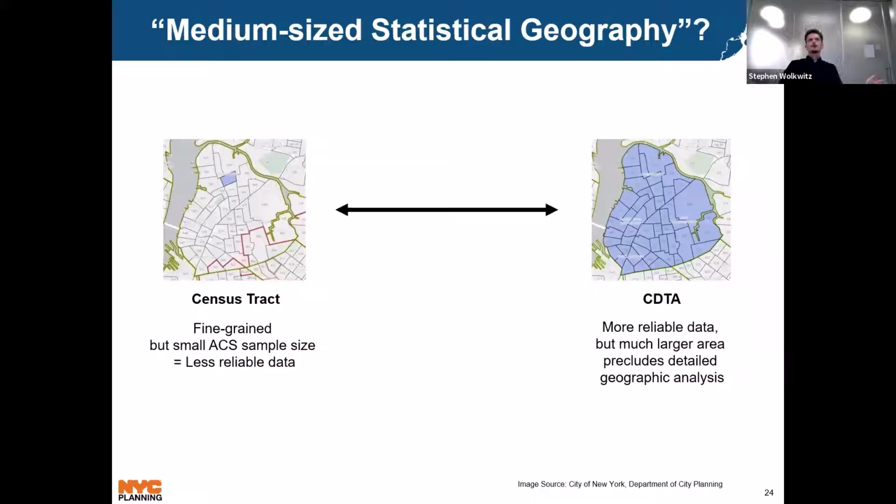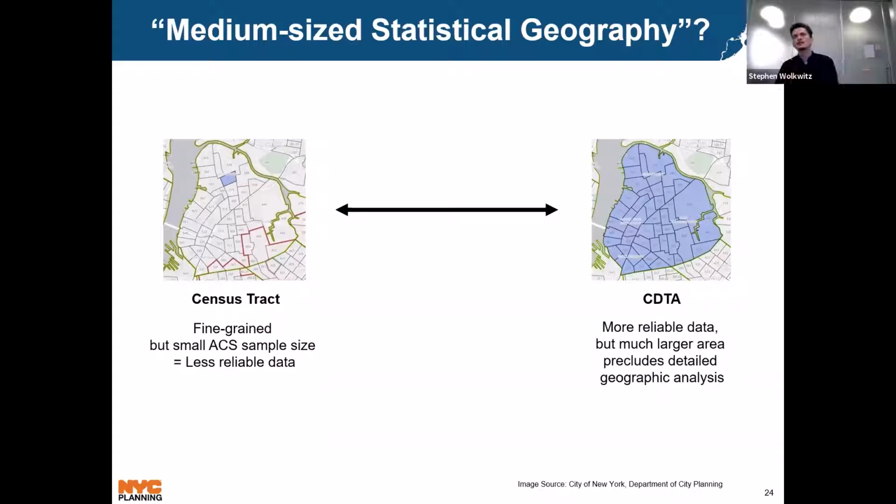Now, what did I mean when I said that NTAs are medium-sized statistical geographies? Well, on one hand, you have the census tracts that the Census Bureau publishes, which are fine-grained, small areas. But again, we're worried about the sample size you're getting with the ACS there. We're worried about the reliability of the data that you're getting for census tracts. So even though it's fine-grained, there are those concerns.